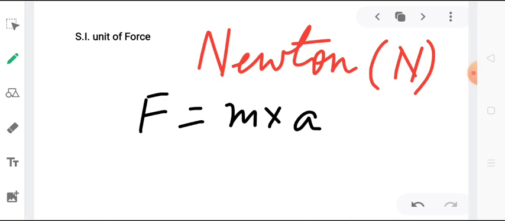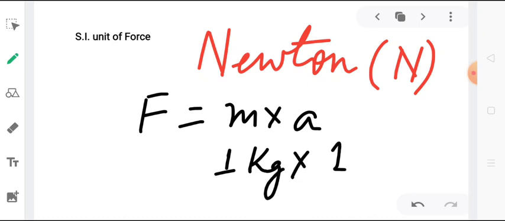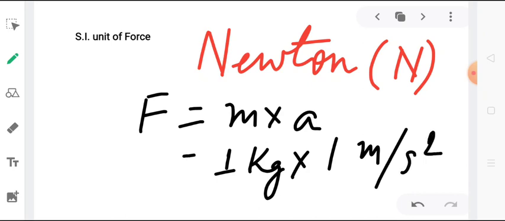So if mass is 1 kg and acceleration is 1 meter per second square, then force is 1 Newton. So 1 Newton is equal to 1 kg meter per second square. This is how we define 1 Newton.